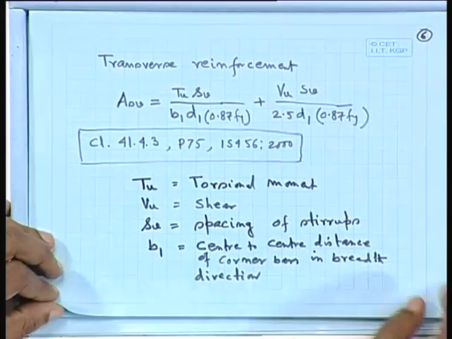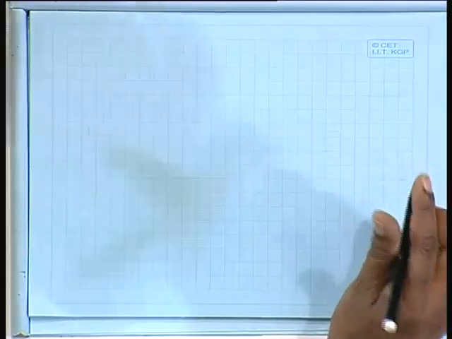What is that? So, we have b1 and we have d1.